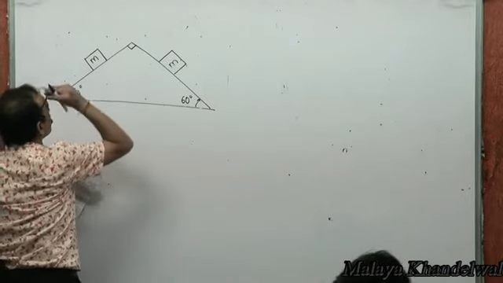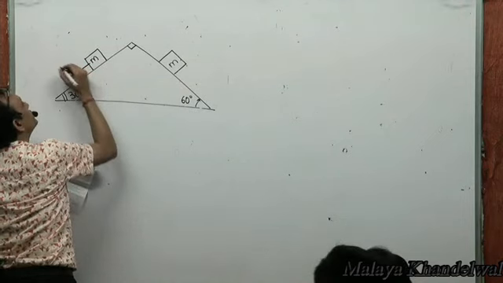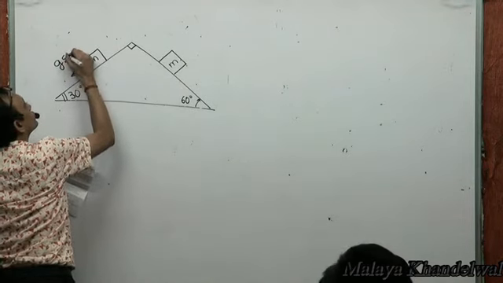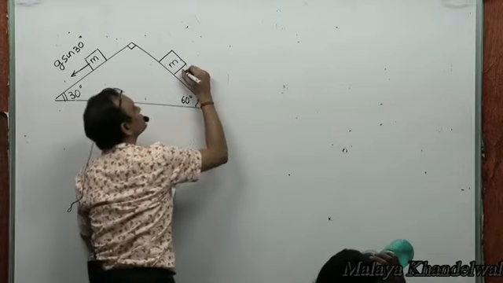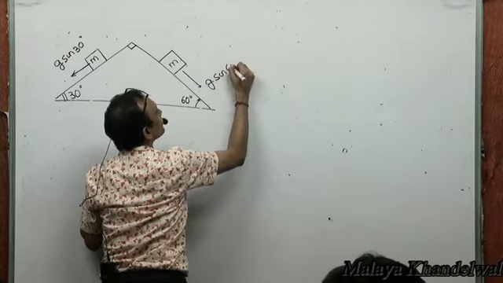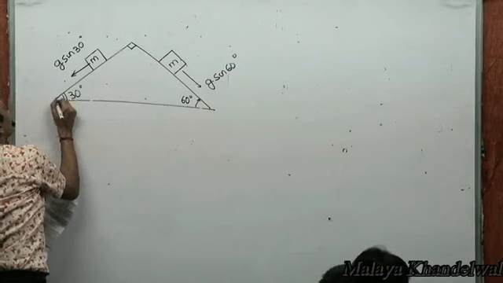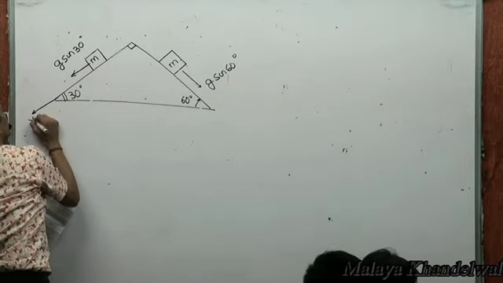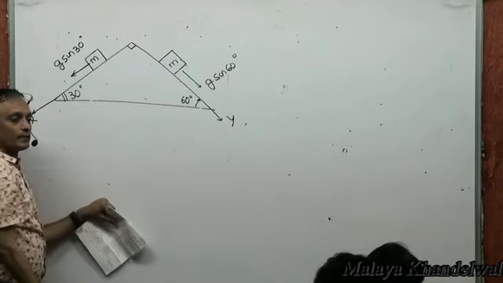Now, if this is fixed, then the acceleration of this in this direction is going to be g sin 30 degrees. Yes or no? Right? The acceleration of this is going to be g sin 60 degrees. Since these two lines are perpendicular to each other, we can call them the x and the y directions respectively, right?